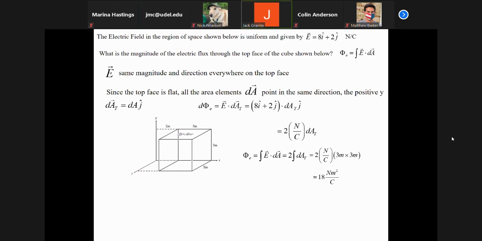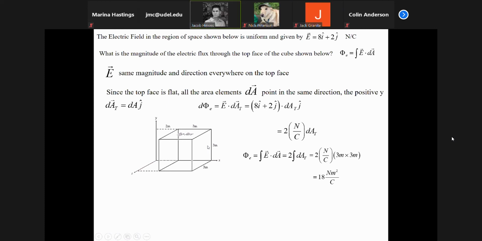Did you mean, when you say ZY here, the Z is what's going into and out of the screen, right? I don't know if you can see this diagram, it's kind of small. But yes, based on this drawing, Z is coming out of the page, X is to the right, and Y is upward. So by the YZ plane, let's say this surface here, for example.